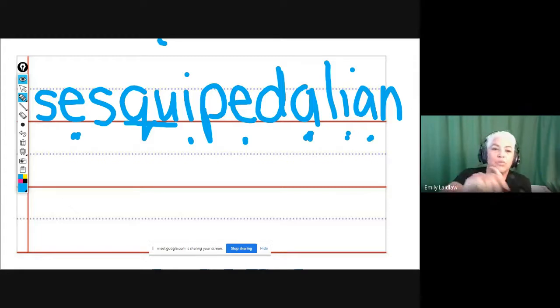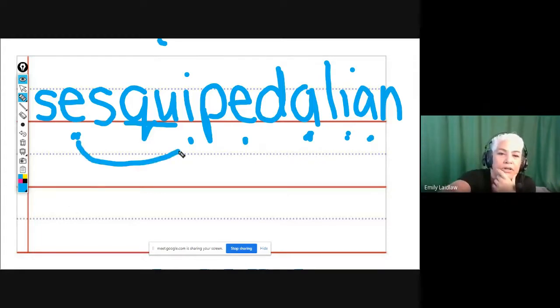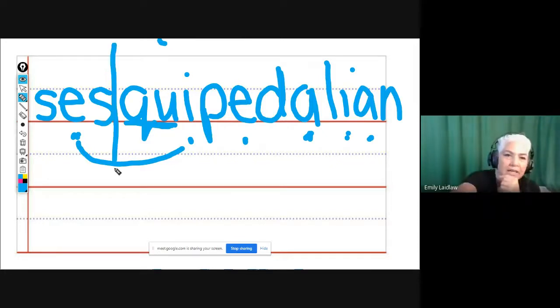Okay. So between these two vowels, how many consonant sounds, teams, letters, whatever, do I have? 3. If I have 3, I have to split them up. Where would it make sense to split it? This is why I have this underlined here. Because it's underlined, I'm not going to split those. They're kind of locked together, so I'm going to split it here.